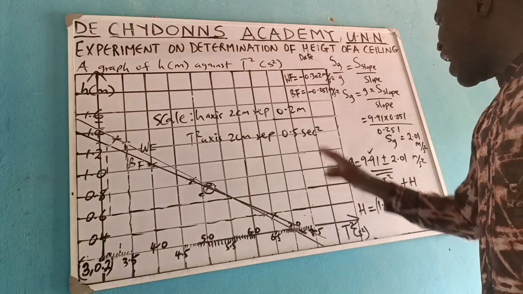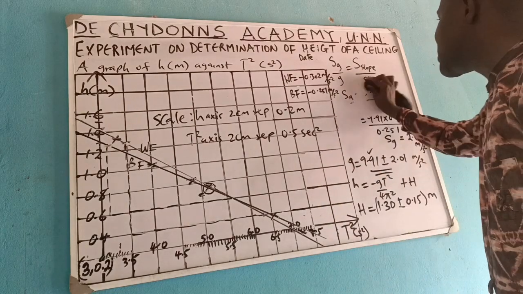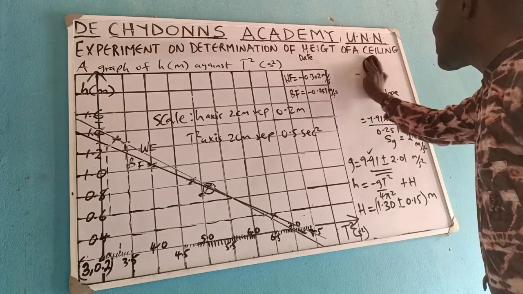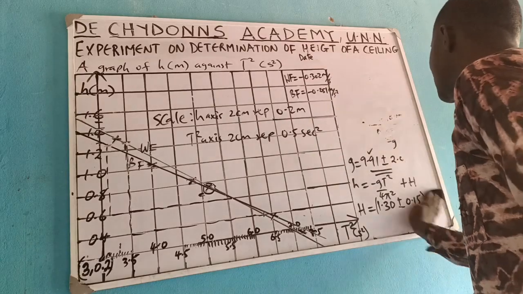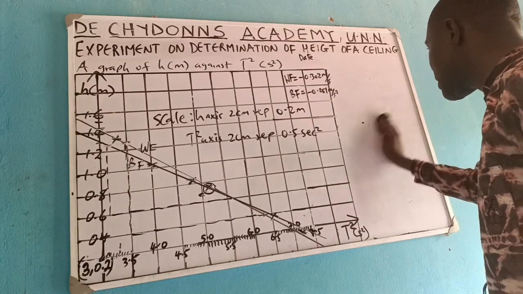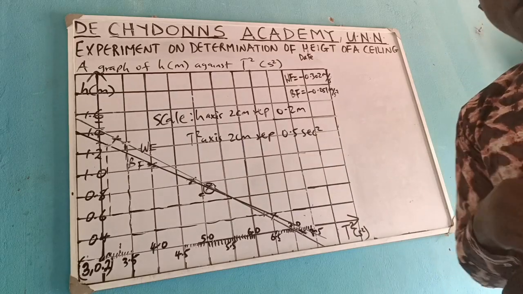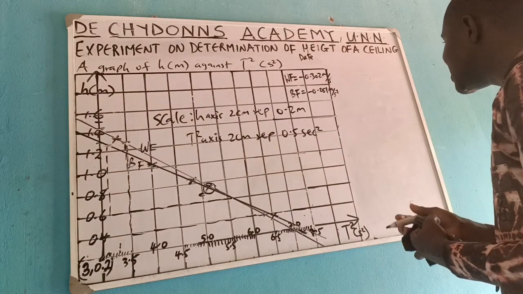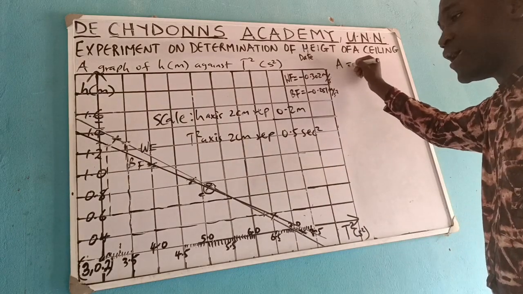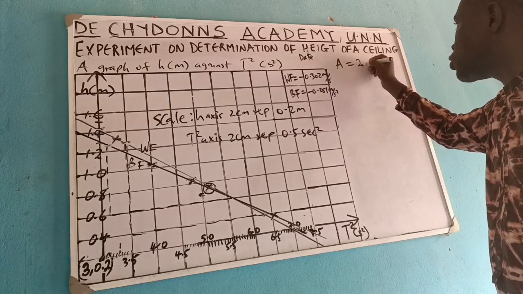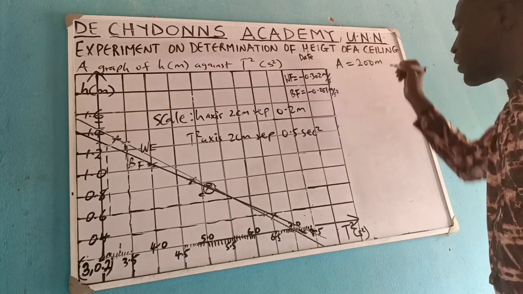Then after taking note of that, also take note that we have a question that was asked at the end of the experiment, where they said the bulb of a simple pendulum oscillates with an amplitude A equals 200 meter.